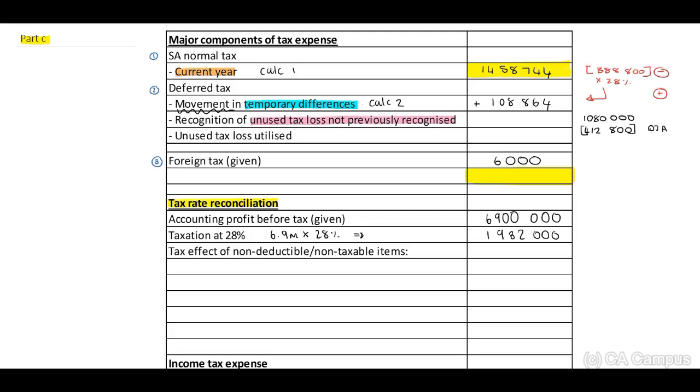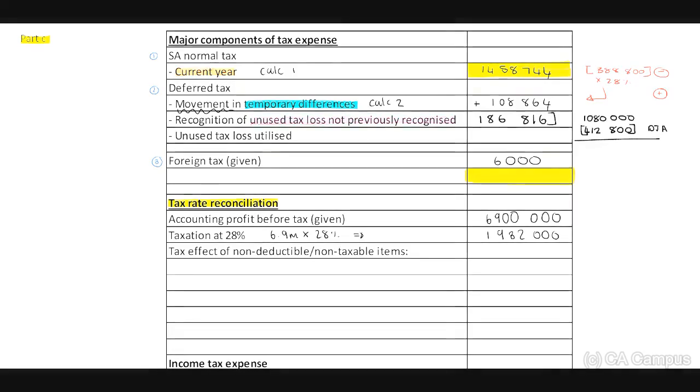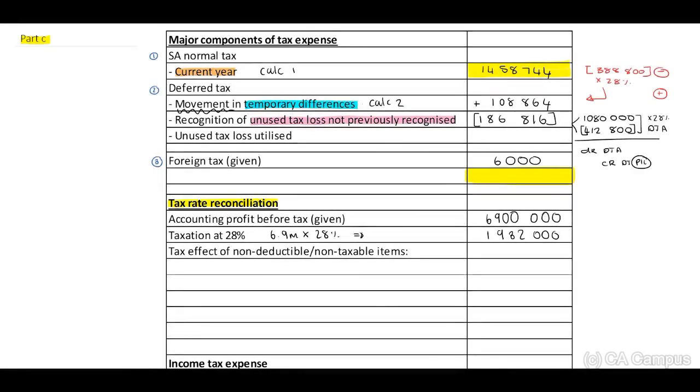Okay, therefore the balancing figure we now need to recognize, previously not recognized, and this will be an amount of 186,816.